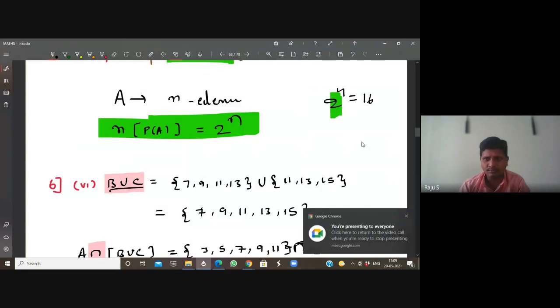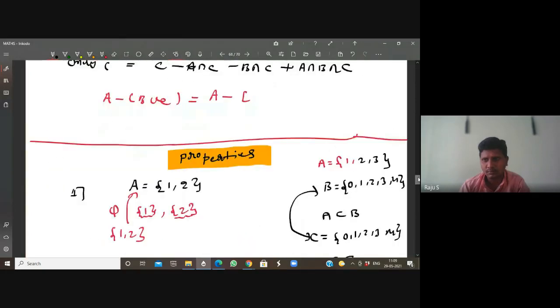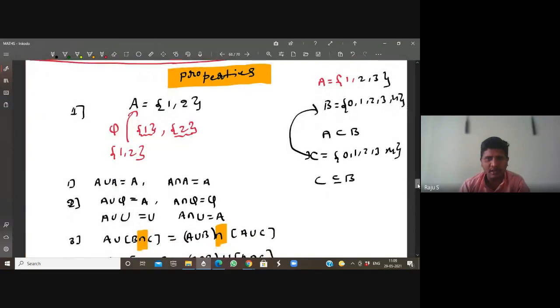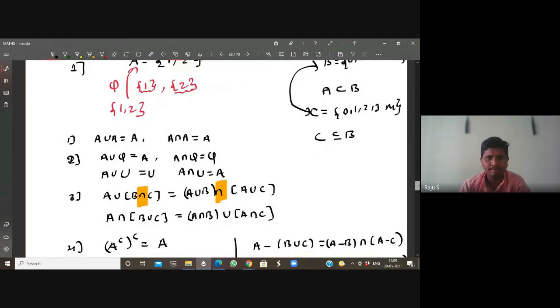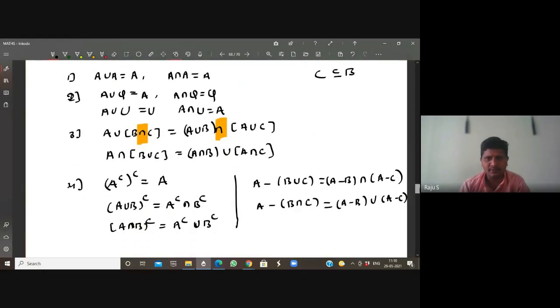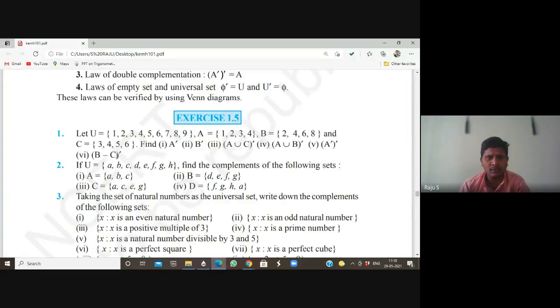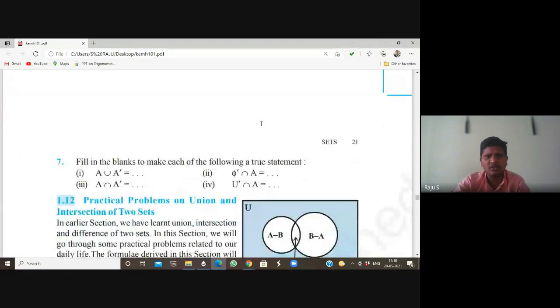Today I'll be posting this slide in your class. These are all simple properties. We are going to prove these properties in this chapter. All are very easy questions. Here we have only 7 questions.